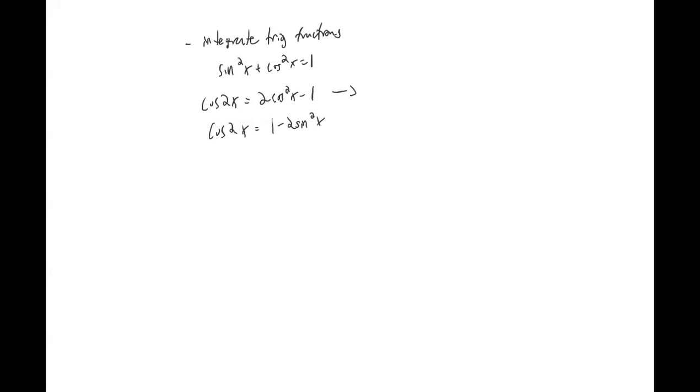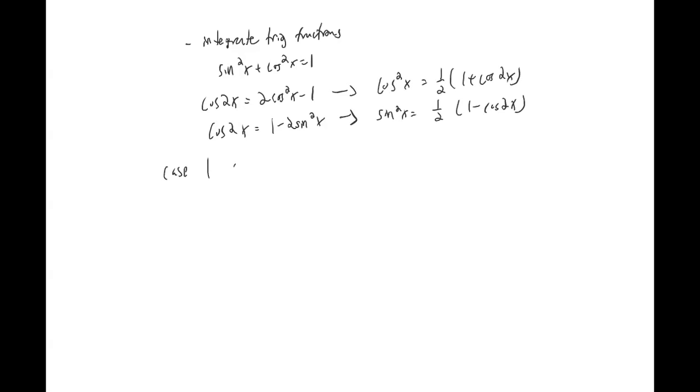So we solve for cosine squared. If you solve for cosine squared, you get this, and similarly for sine. Okay, so for sine and cosine, there's really two cases.